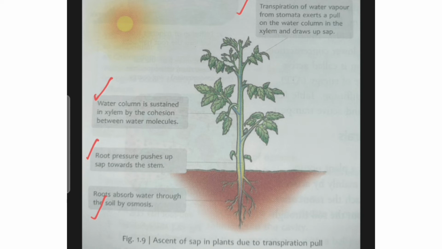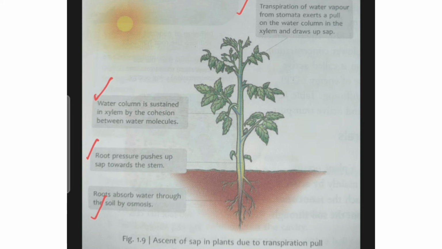Further on, the water moves through the xylem up the stem and then to the leaves. This happens due to the pull created by transpiration. It is called the transpiration pull that we have already discussed in the previous video.